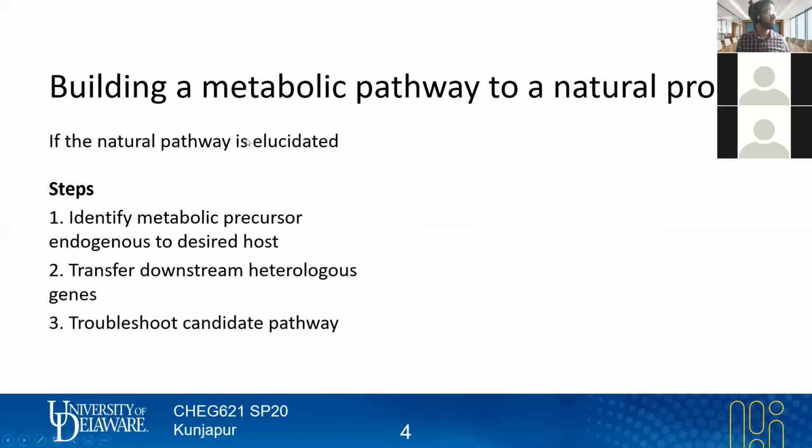So if the natural pathway is elucidated, and that's what you want to use, then you can try to figure out, okay, in that organism, that pathway is coming from these central metabolites, and my organism, maybe an E. coli or a yeast, has those metabolites up to a certain point. And at this point, it no longer performs that kind of metabolic reactions. So then you're going to transfer everything that's downstream of that, the heterologous genes, into your organism.